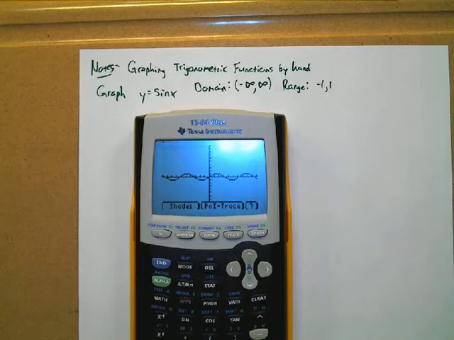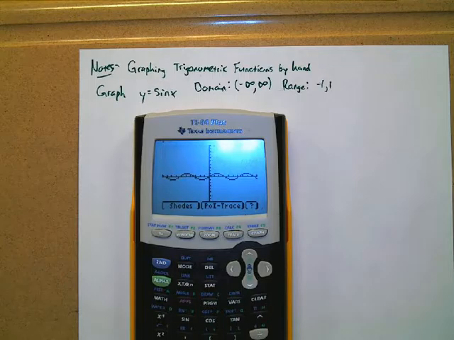Do we actually get to negative 1 and positive 1? Is there a sine of something that gives us a positive 1 as an answer? What is it?